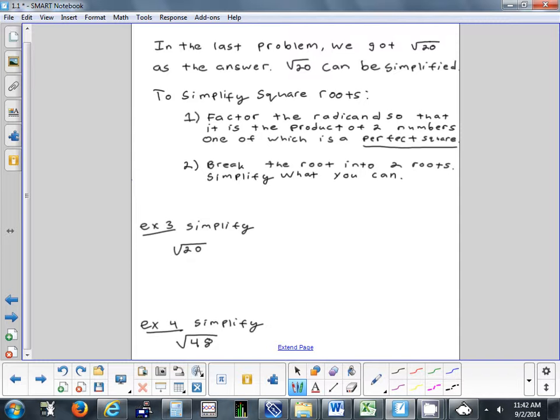Anybody think of how you can split up 48? And there might be more than one way. There's usually one way that's one step, and then the other way might be multi-steps. But if you do it right, you get the same answer each way.